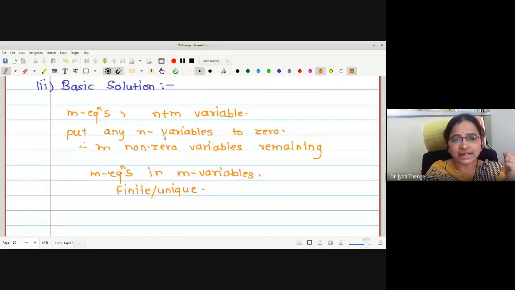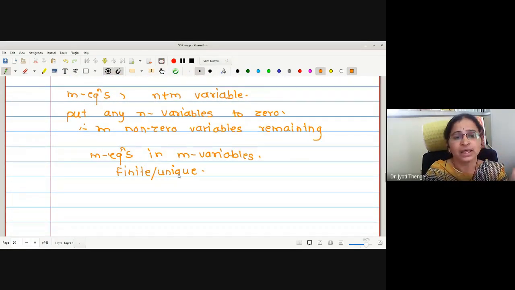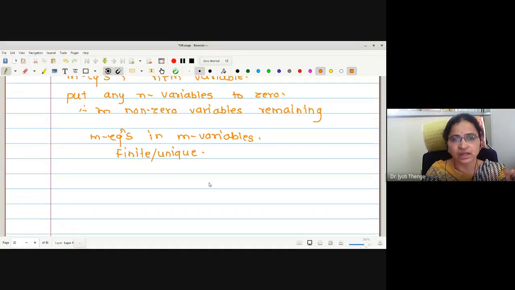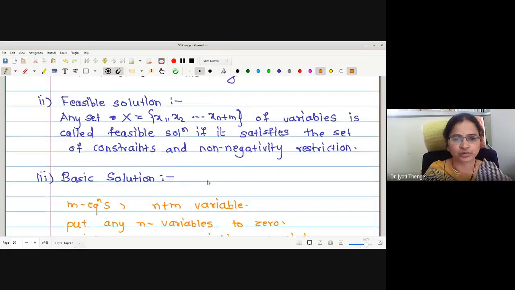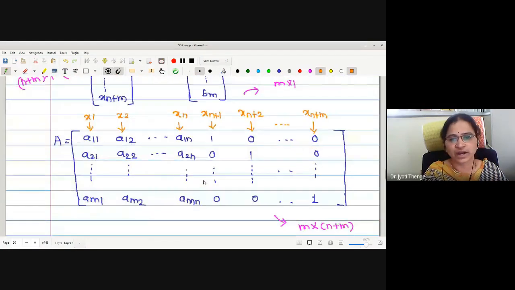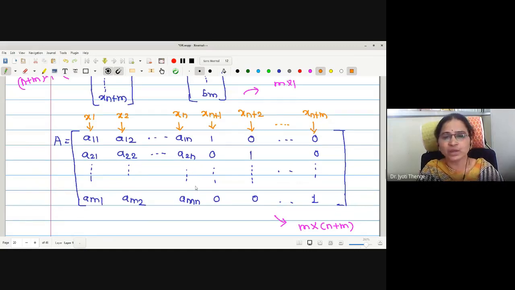Now, while selecting these n variables, we have to take a precaution that whatever the m non-zero variables selected, the coefficient matrix should give a non-zero determinant. Suppose these are my variables x1 to x(n+m), and we want to put n variables to 0. Suppose I have kept the first n variables at 0.